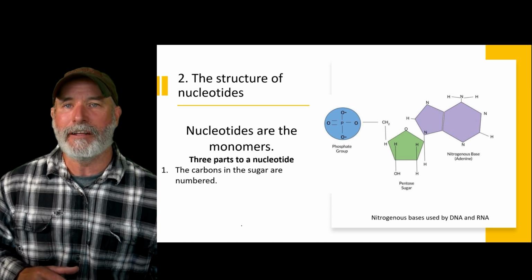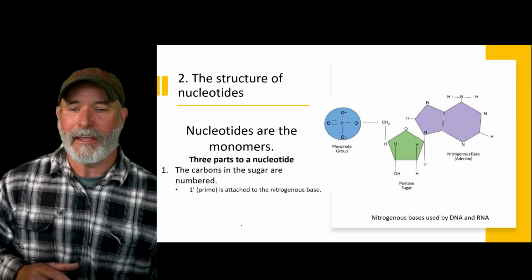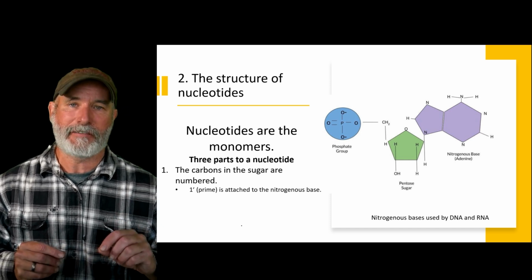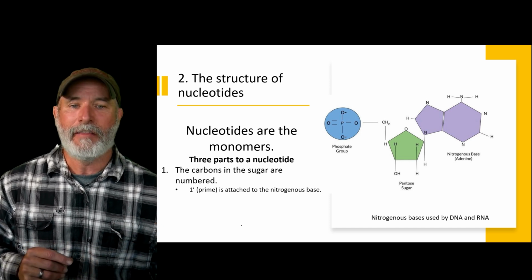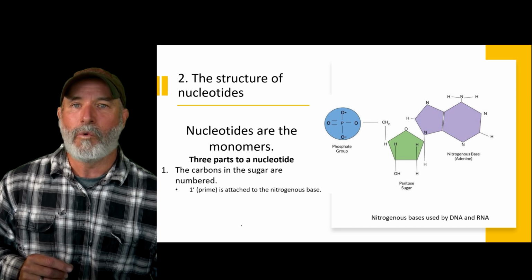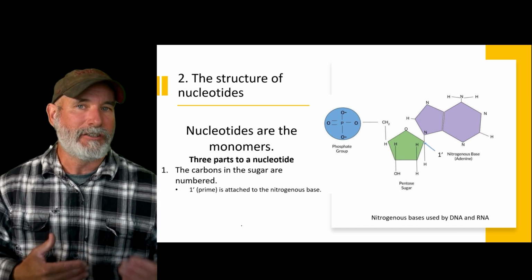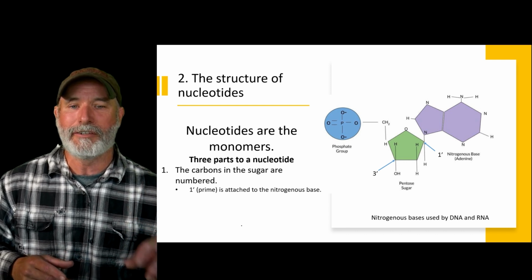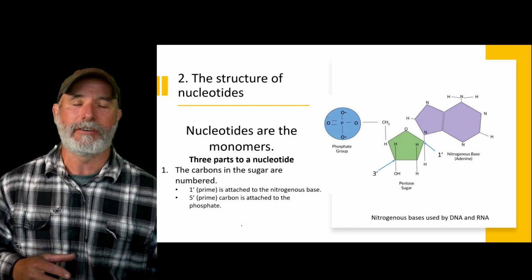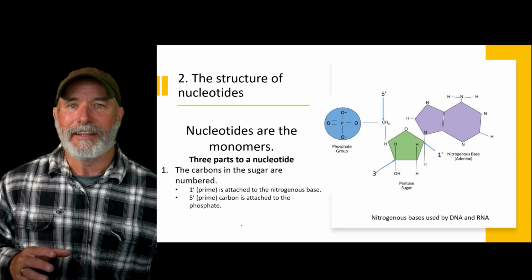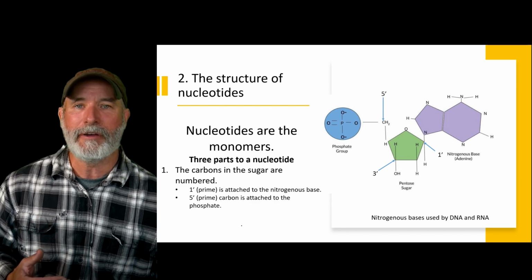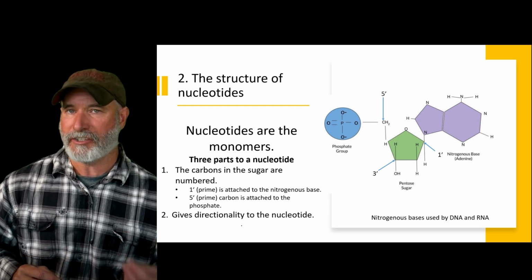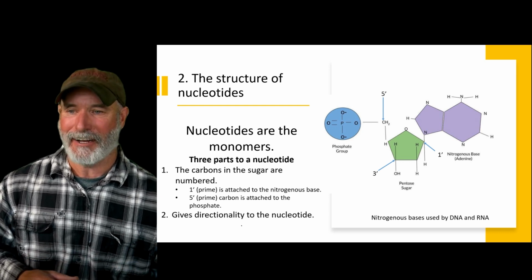However, if you're in the sugar, we number them with a prime to designate the difference between the carbons from the sugar and the carbons in the nitrogenous base. So 1' is right there attached to our nitrogenous base. Then we have a 3' as you go around 1, 2, 3. And then at the top of the molecule that attaches to the phosphate, that is our 5' carbon. And this is really important because it gives directionality to the nucleotide.